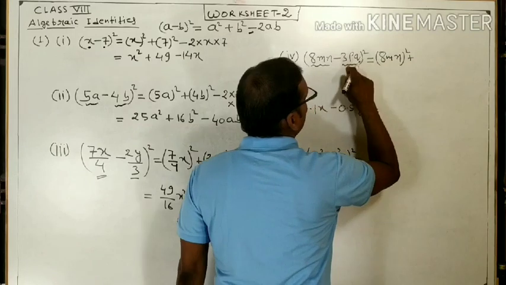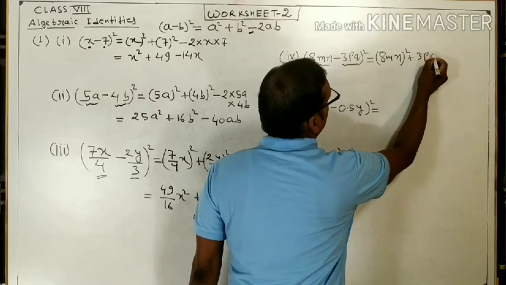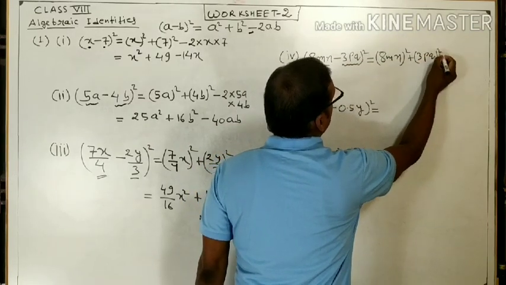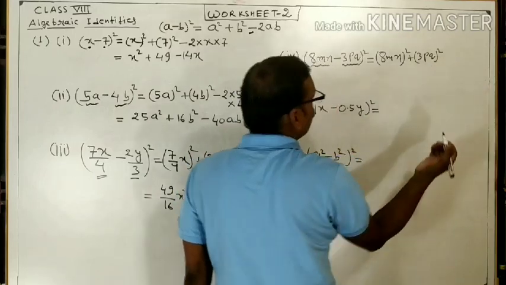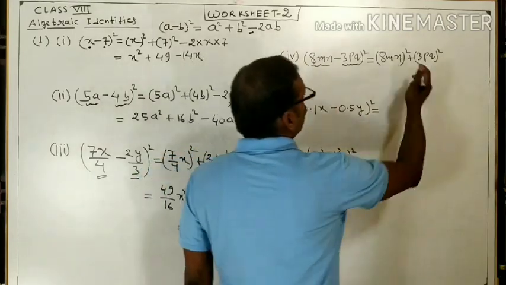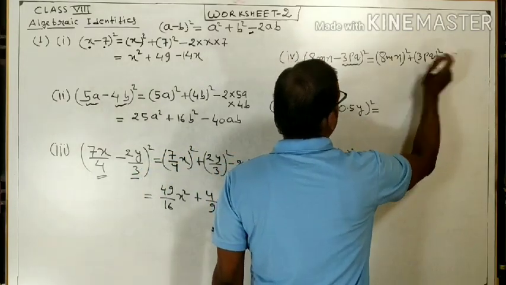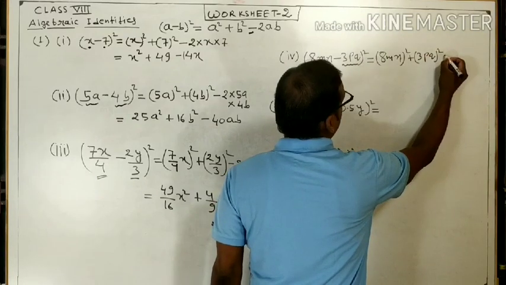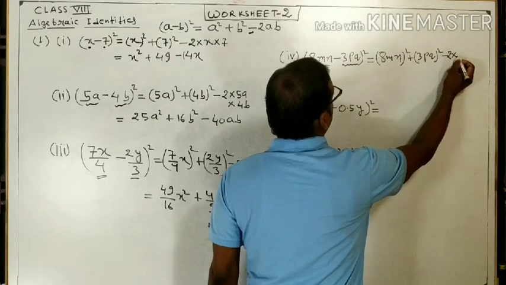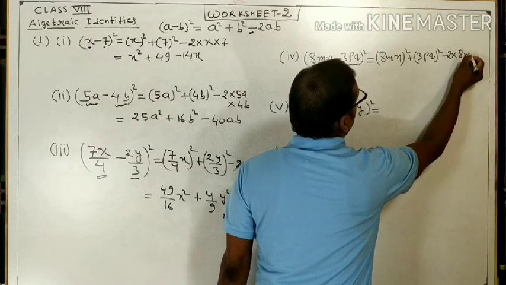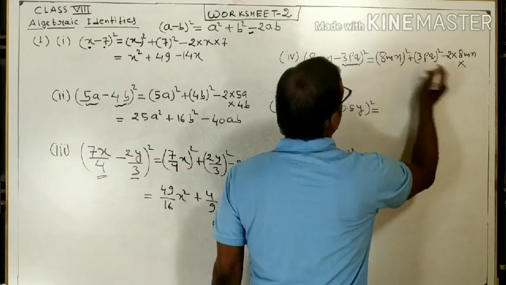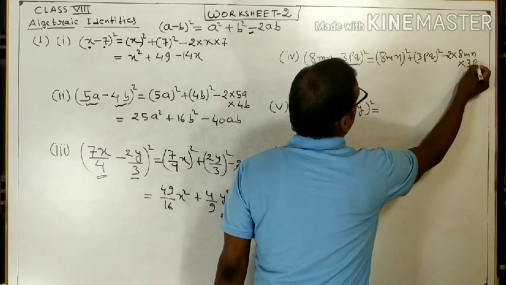B square means (3pq) square. It is very much similar to worksheet 1. The only change is the minus in the last term. Minus 2 into a. A means 8mn into b. B means 3pq.